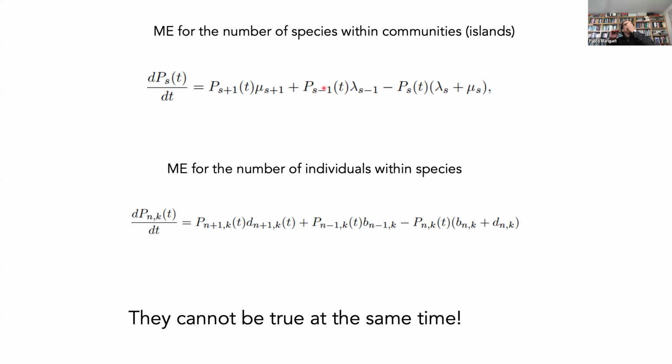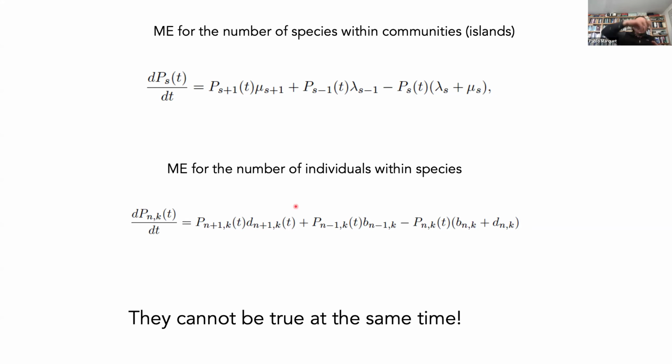The assumption is that all these rates occur at exponential times, and if the equation for the number of individuals is true, then unless you have only species with one individual, when you have a change in the number of individuals, you will not necessarily have a change in the number of species.